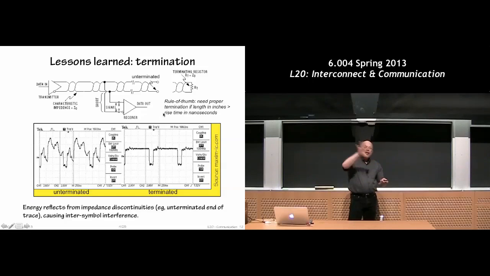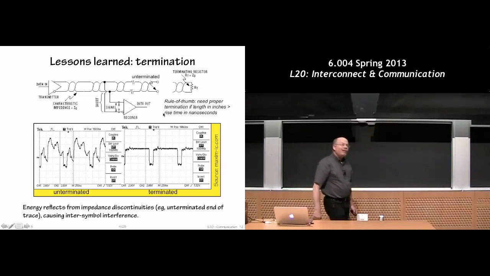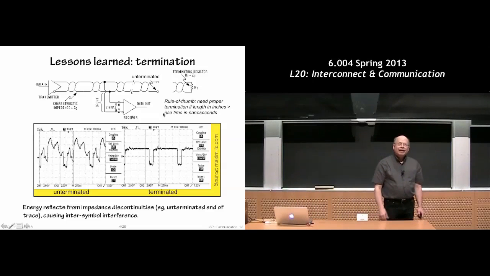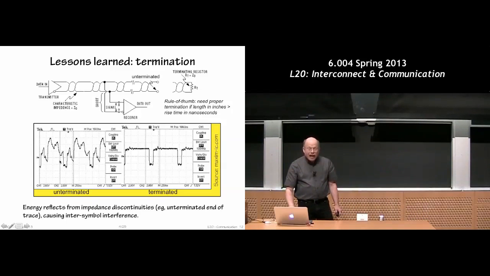We have all these impedance problems we have to worry about. And nowadays, every line on your PC board is an impedance-controlled trace. There's special electronics that deal with terminating it correctly, and that's essential to get very, very high-speed communication.